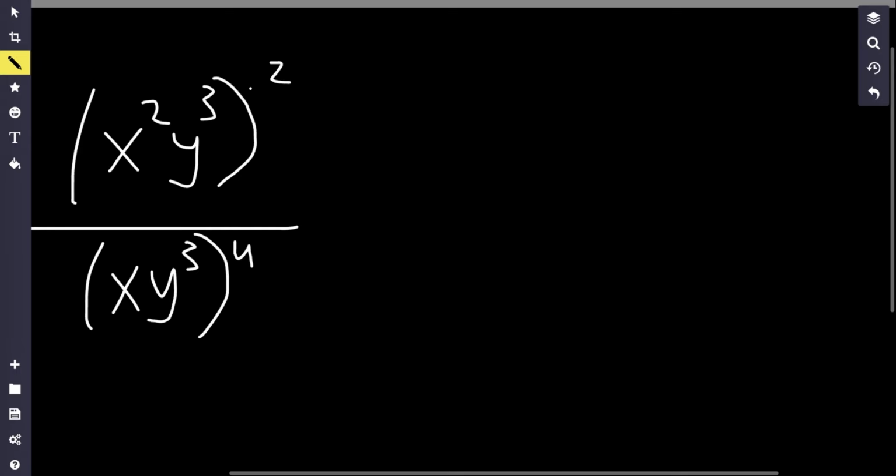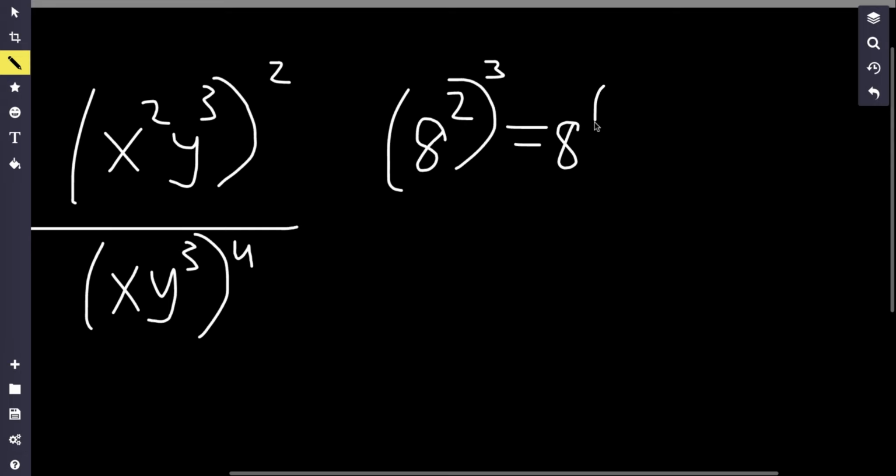And the way you deal with this is, let me just give you a random example. So let's say we have 8 to the 2nd power raised to the 3rd power. And we're trying to find out what this is equal to. Well, what you would do is you would just multiply the exponents. So this is going to be the same thing as 8 to the 6th power. See how I just multiplied the exponents together?